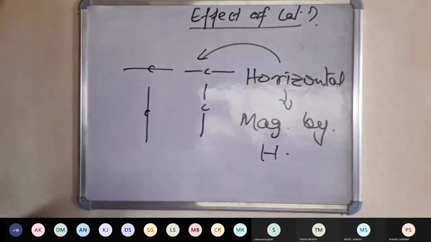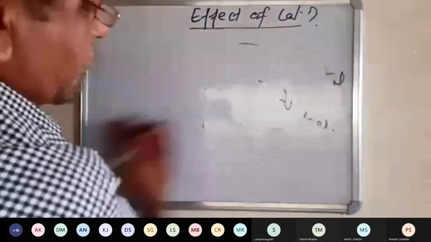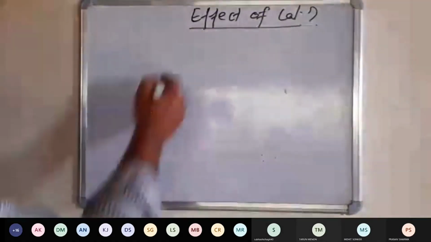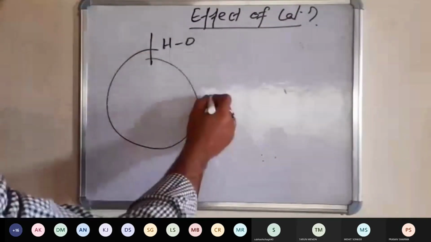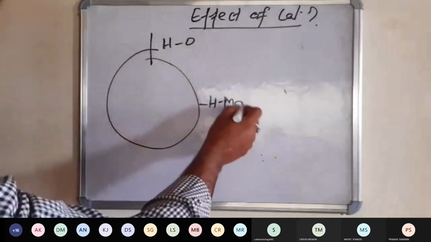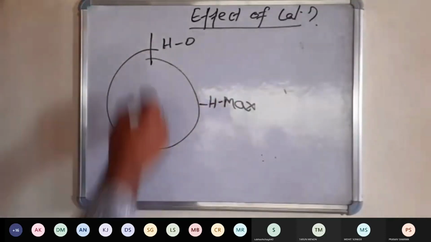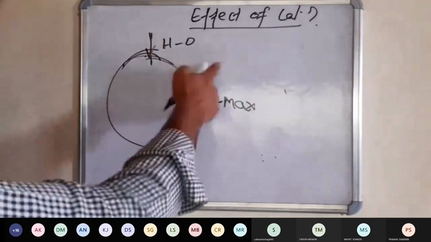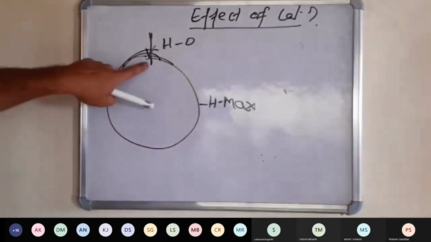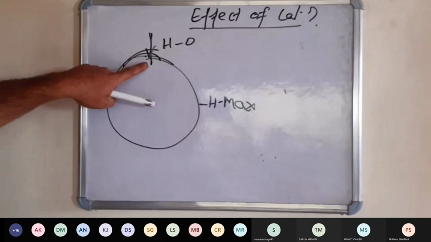Now, if we are taking the situation, here H is 0, here H is maximum. That means at this place, all these rods will have zero magnetization because H is 0 here. Yes, sir.